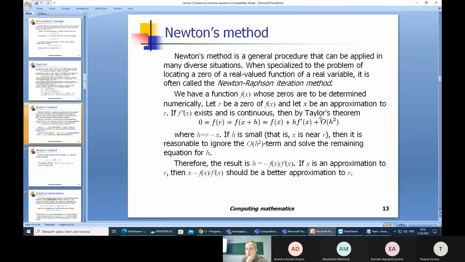But if we truncate the terms of h power 2 and greater, this h will not be the real distance between r and x. And if we take x plus h, where h is minus f of x over f prime x, it will be not the exact root, but just a better approximation to the root.